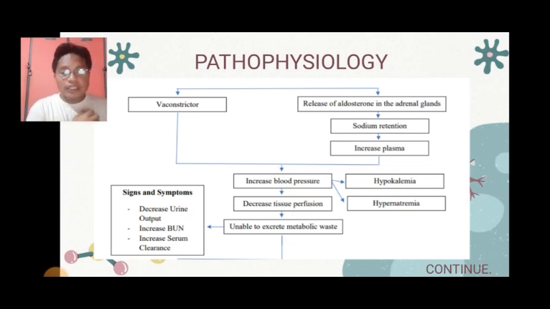And then, for example, the sodium and water retention: the kidney plays a crucial role in regulating the balance of sodium and water in the body. In renal failure, the kidney may not effectively reabsorb or excrete sodium and water, leading to retention in the bloodstream.